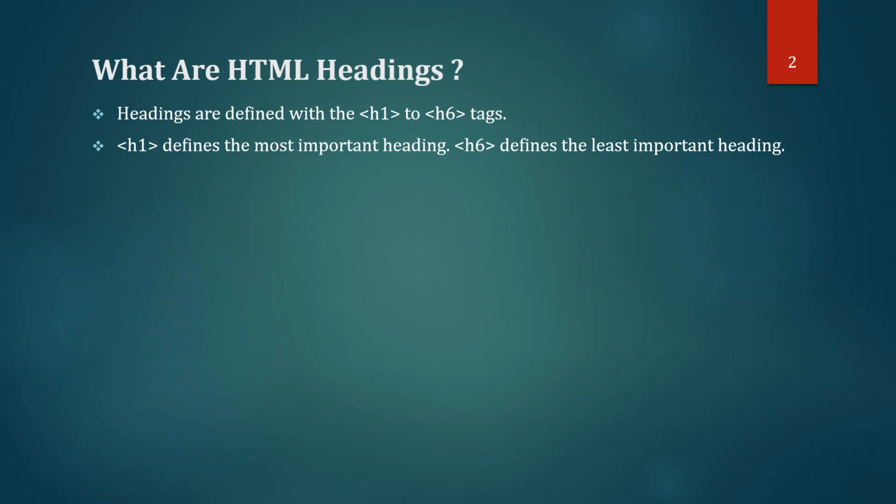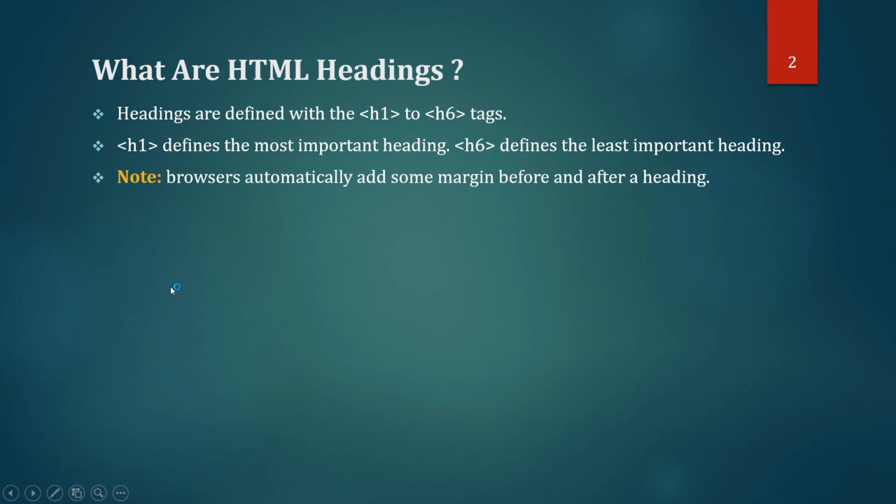Note, there is a note that is necessary here. The browser automatically adds some margin before and after the heading. Before and after heading means when we define the heading, the browser automatically renders some space above that text and below that text, which is also known as heading margin.